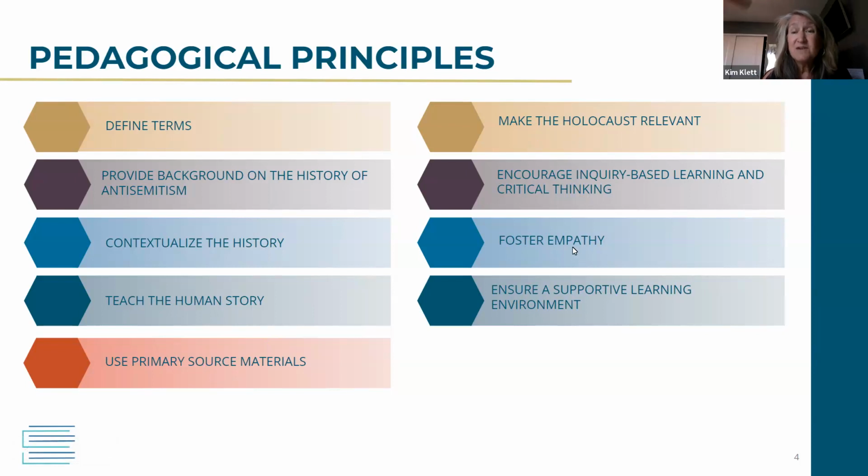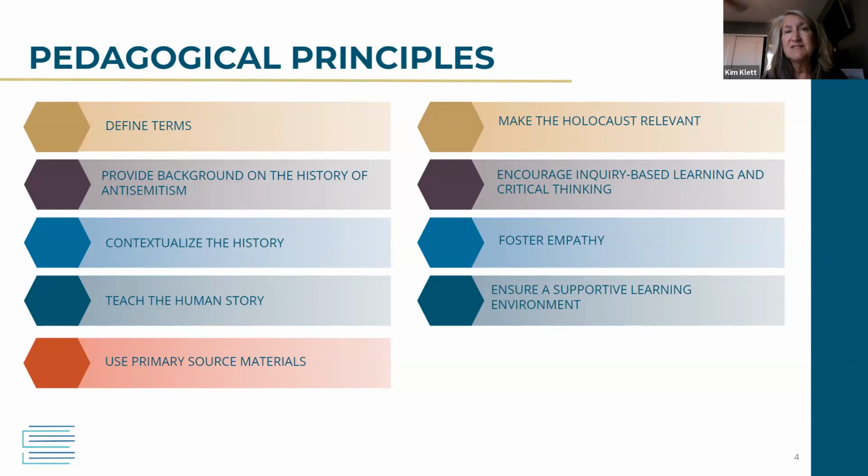We want to try to foster empathy. I know that one's difficult too, because how do you measure empathy? But we really want to try to do that through these lessons. And I think you'll see that the lessons definitely make a great attempt at that. We also want to ensure a supportive learning environment. So we want to make sure that we're not using simulations, that we're not trying to shock or scare the students with graphic images.